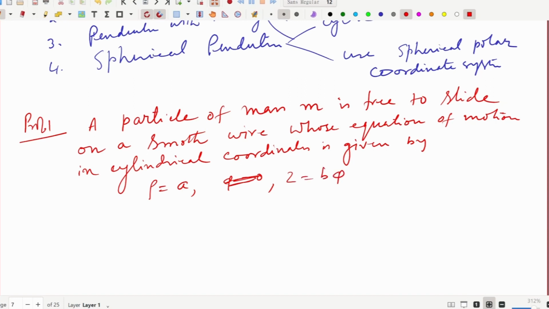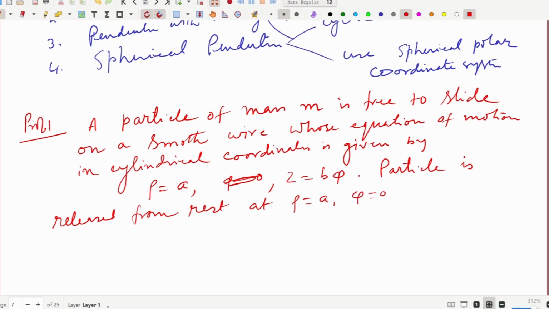Okay. Also some initial conditions are given: the particle is released from rest at rho equal to a, where phi equal to 0 and z equal to 0.